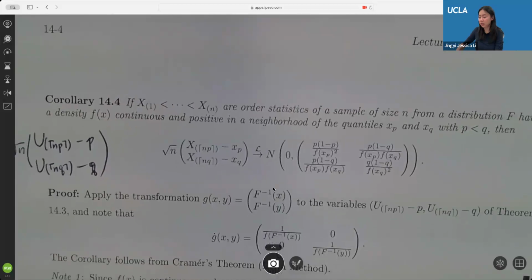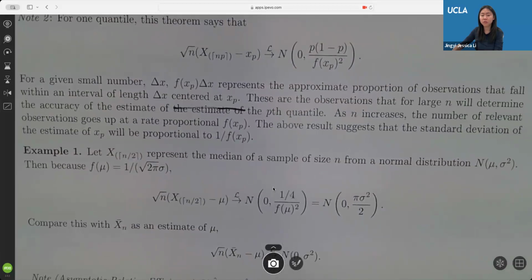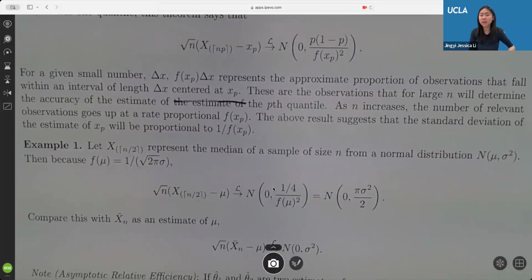So in this very classical example, example one, we talk about using the median instead of the mean to estimate the mean of a Gaussian distribution. Because in the Gaussian distribution, mu is both the population mean and population median. They're the same parameter. Then on the sample level, we could use the sample median and sample mean.